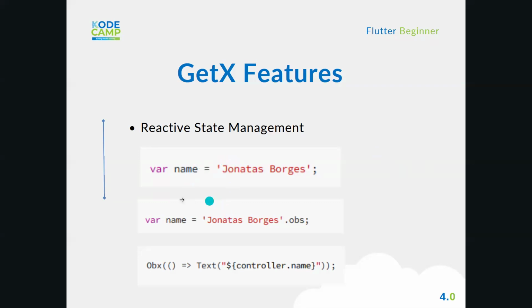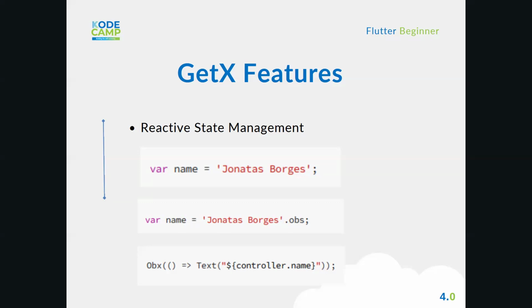Now to make this reactive, GetX has what we call an observer, which is called OBS. So what we just did in this line here is to make this variable an observable variable by adding the .obs. So this is now an observable variable.